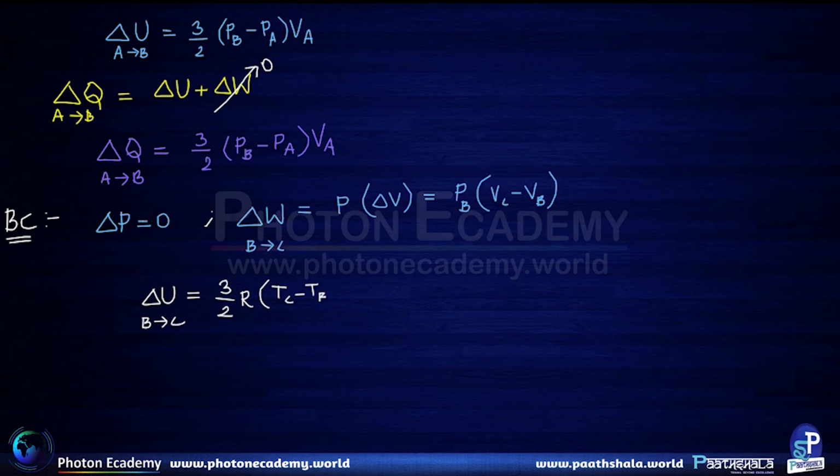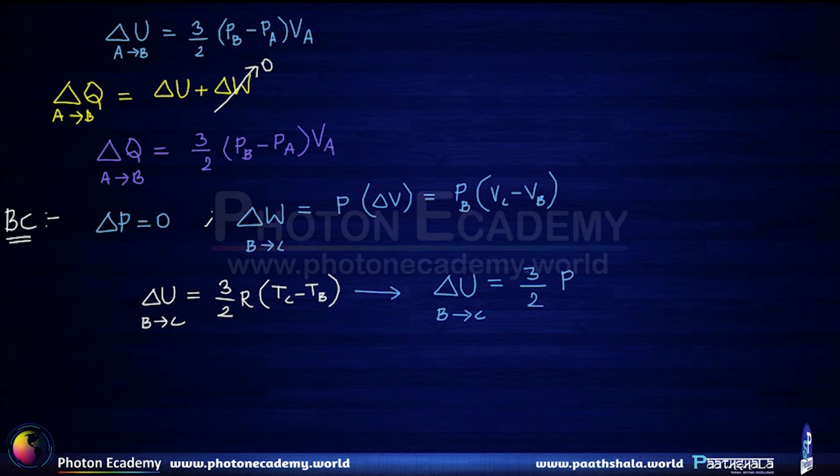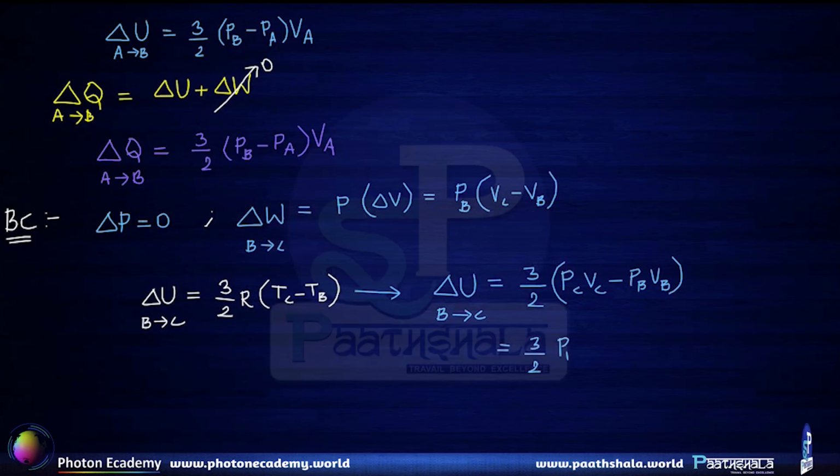Just like in the previous case, by using ideal gas equations, we can write delta U in going from B to C as 3/2 (PC VC minus PB VB). And PC and PB are equal, so this is going to be 3/2 PB (VC minus VB).